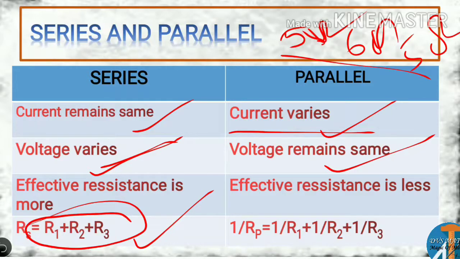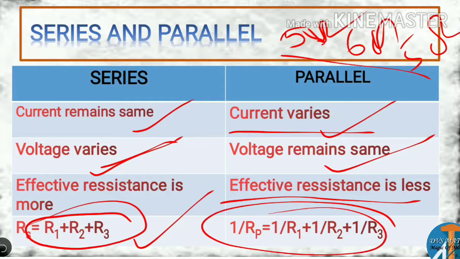In the same case, the effective resistance is less in parallel, because we are taking the reciprocals. So here you write 1 by 5 plus 1 by 6 plus 1 by 5. Clear? After doing this, the effective resistance will be less. Effective resistance is more in series and less in parallel.